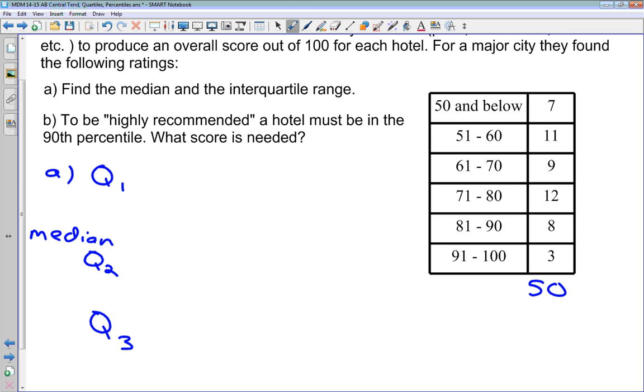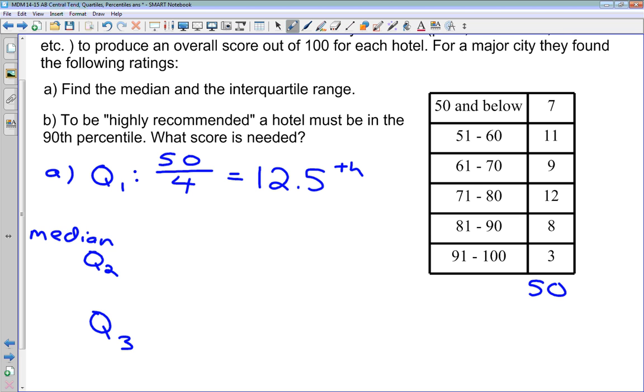So if we have 50 hotels, the number that is going to divide the lower 25% from the upper 75% is going to be 50 divided by 4 in the lower quartile. So the 12.5 number is the number that divides the lower 25% or the first quartile from the upper 3 quartiles. So this is what we want to find.